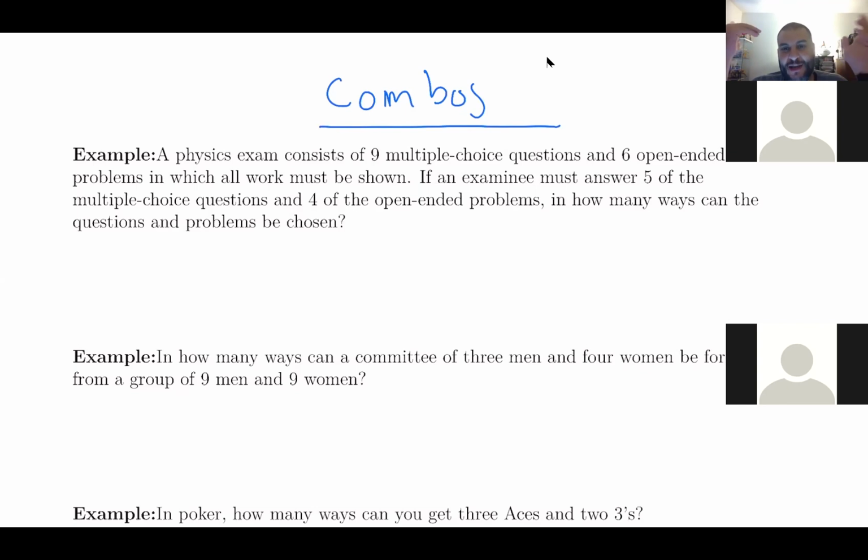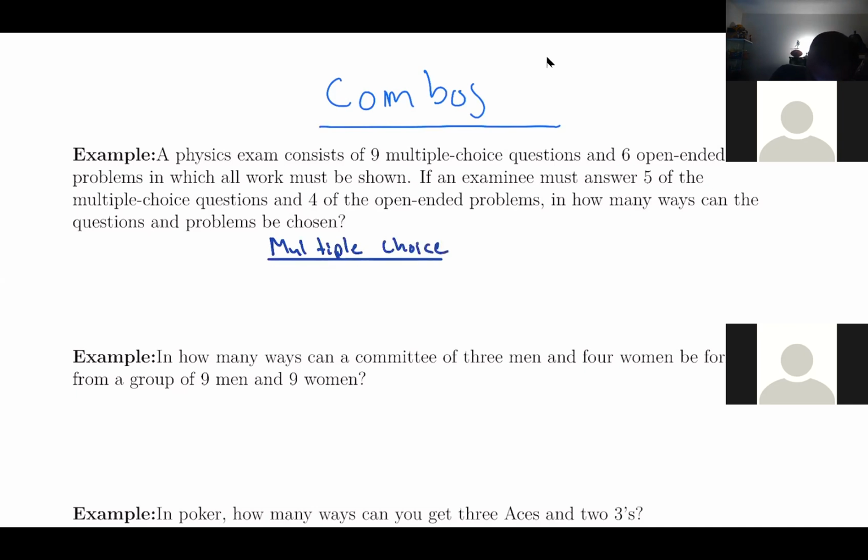All right, if you look at this one, you have 2 different types of problems. We have multiple choice, and we have open-ended problems.